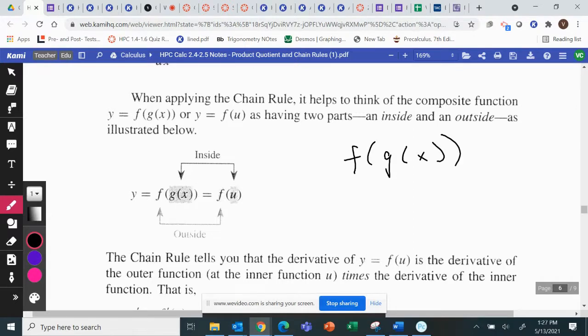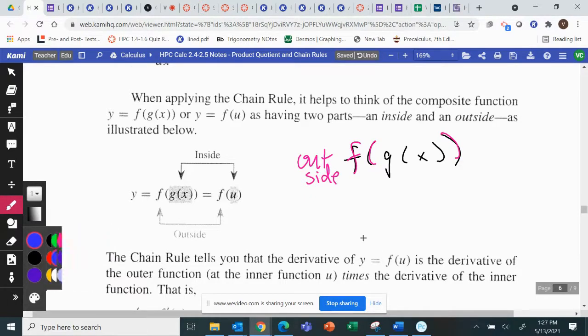There is the f of x part, which is the outside, and then there's the g of x, which is the inside. We have done f of g of x in other classes. When you have f of g of x, you take the g of x equation and put it inside of the f of x equation. So when we have the chain rule, we have this kind of situation.